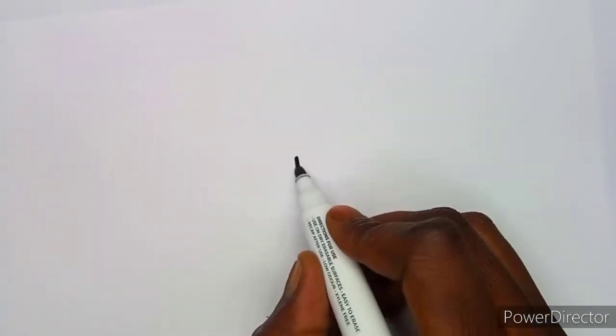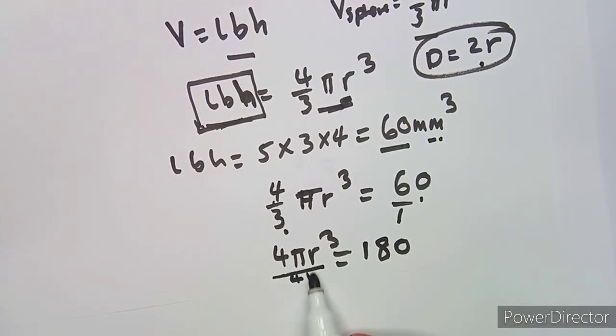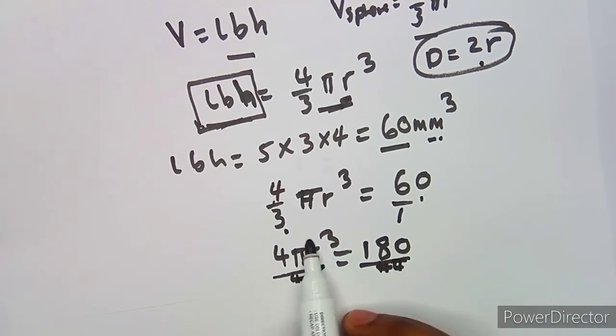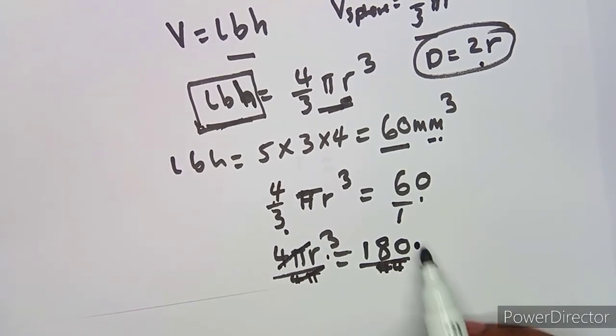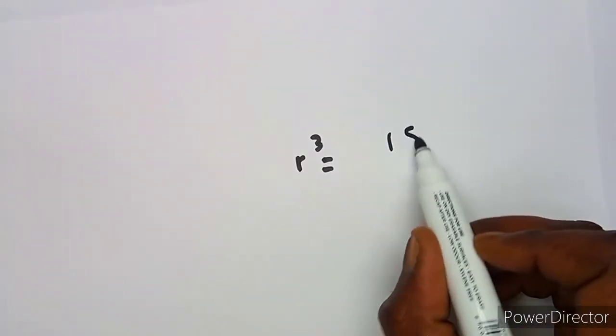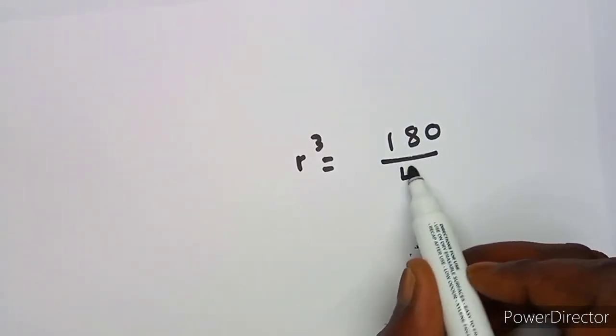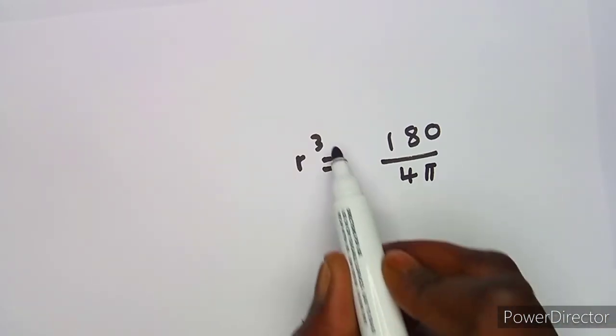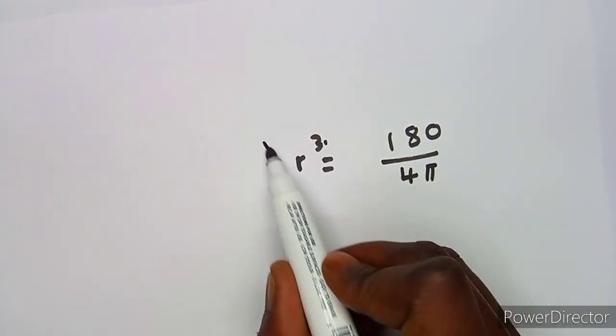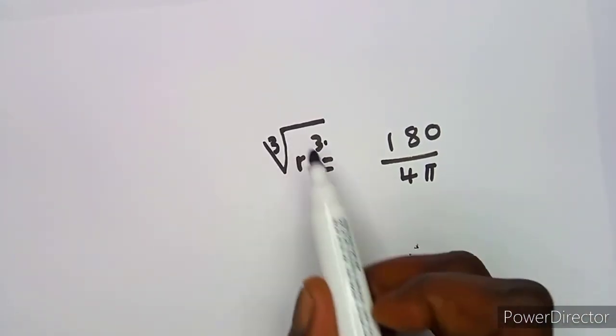So r cubed is equal to 180 over 4 pi, and this is to the exponent of 3. To remove that, you introduce the cube root.